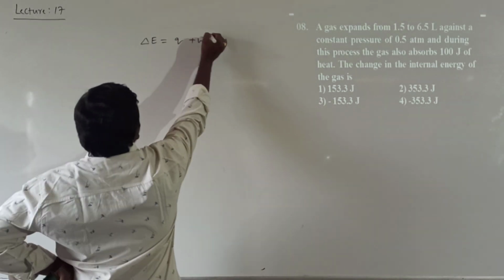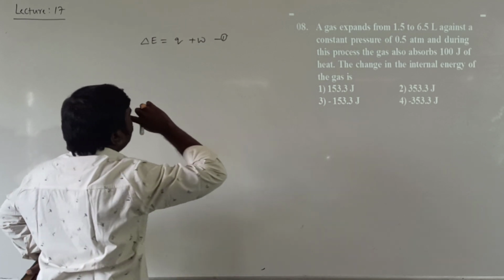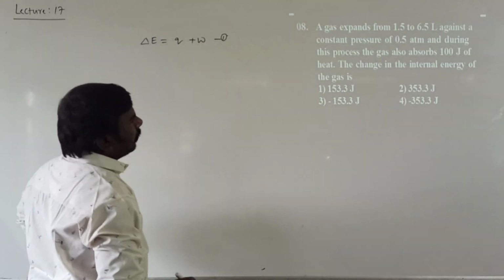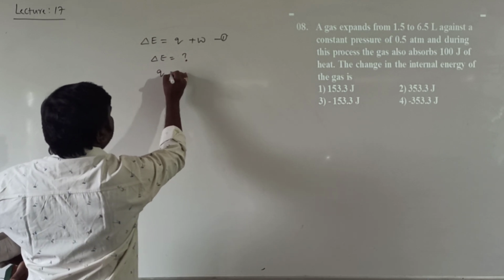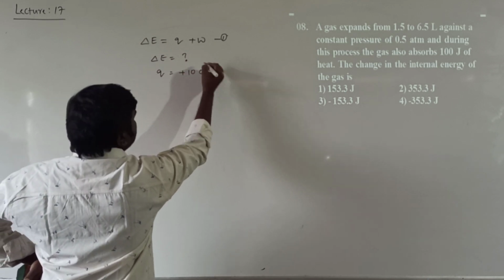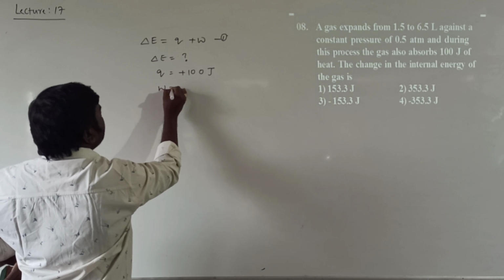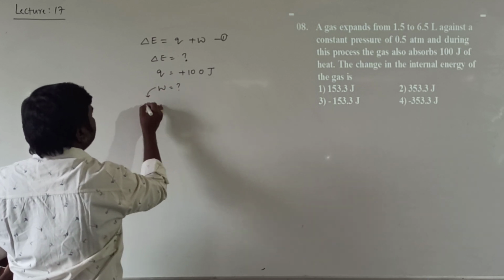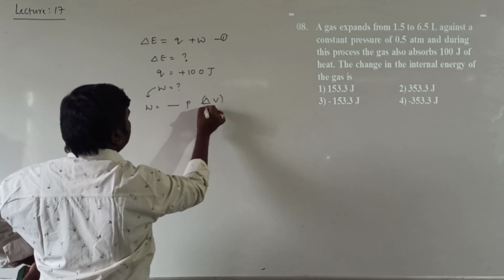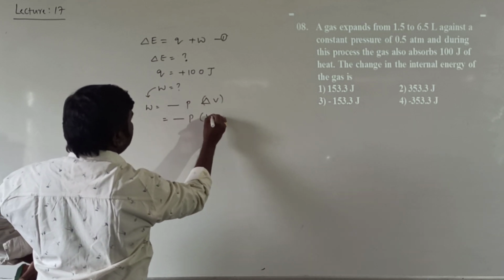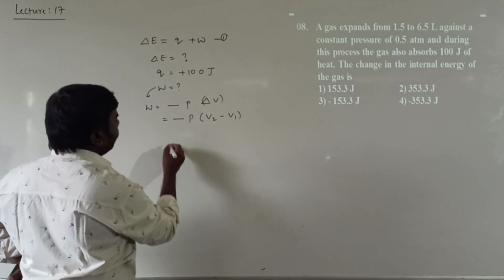Then this is 1, take down. We should know that delta E, the change in internal energy, equals Q plus W. Q is equal to plus 100 joules, and W is also required. W equals minus P delta V, which means minus P times (V2 minus V1).